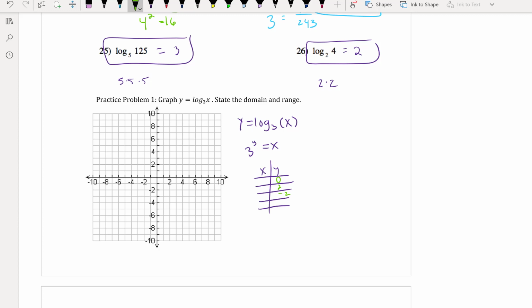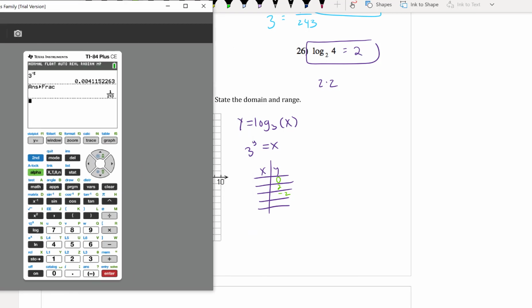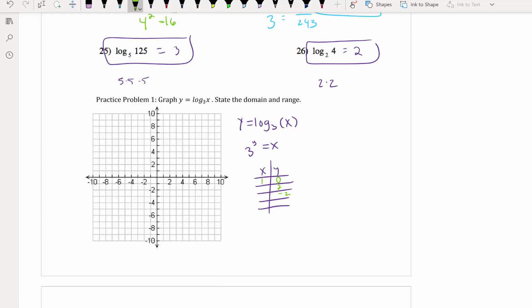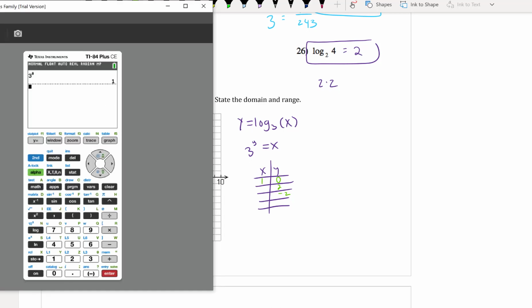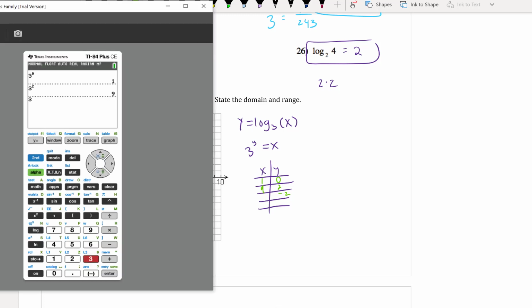So if I were to plug into my calculator, 3 to the 0 power, I get 1. Now if I were to do 3 to the second power, I get 9. And if I did 3 to the power of negative 2, I get 0.111.